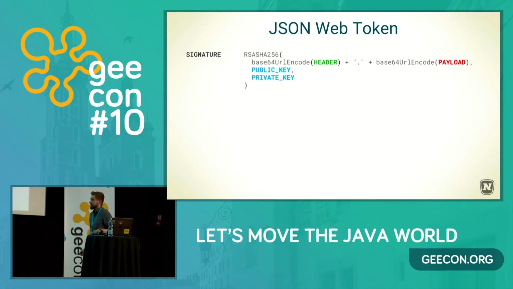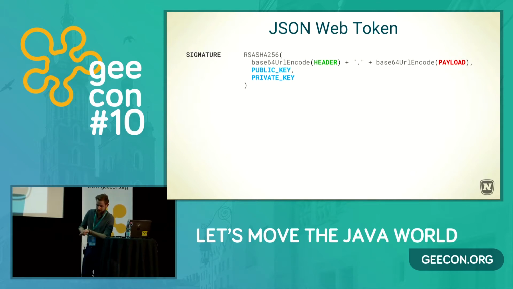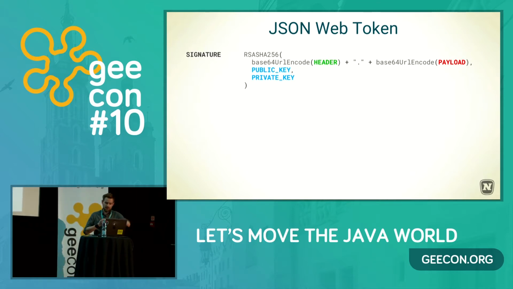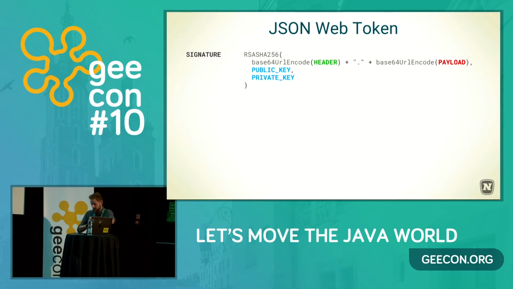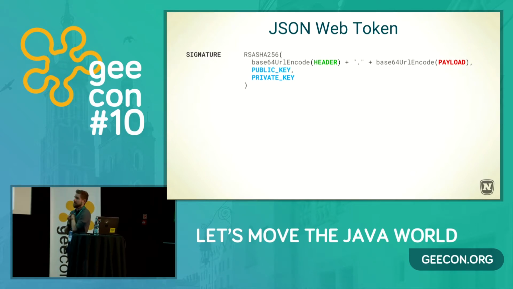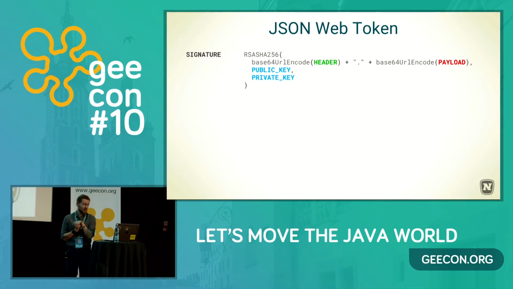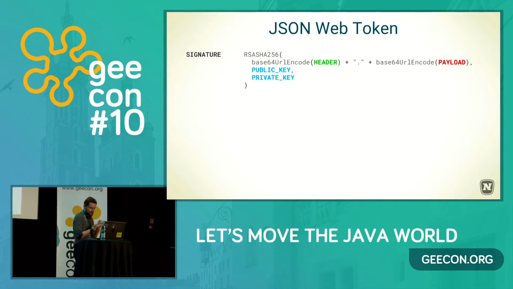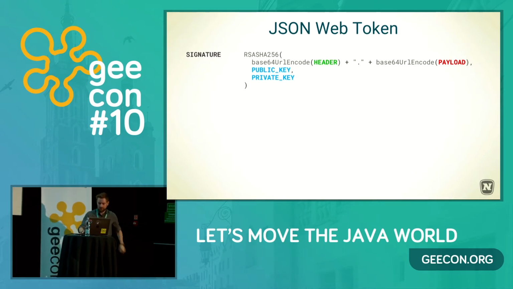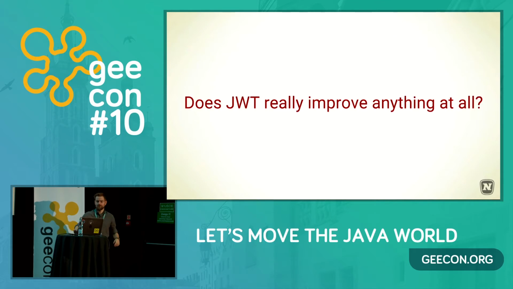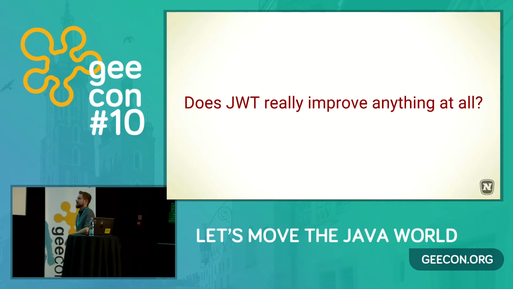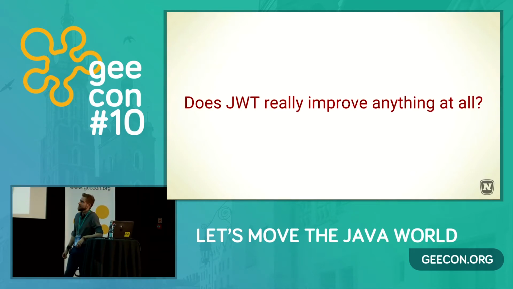And we also have the signature. That's a neat thing. Since there is asymmetric cryptography, we're going to use a pair of a public and a private key, and we're going to sign it somehow. That's fair enough. It's a nice thing to do, but does JWT really improve anything at all?